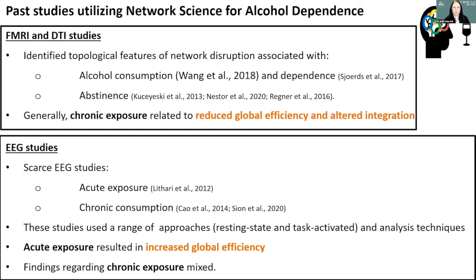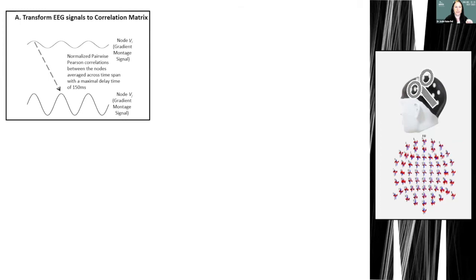Acute exposure was found to be associated with increased global efficiency, while EEG findings regarding chronic exposure are far more mixed. However, taken all together, there seems to be an emerging pattern of an altered network associated with chronic alcohol use.